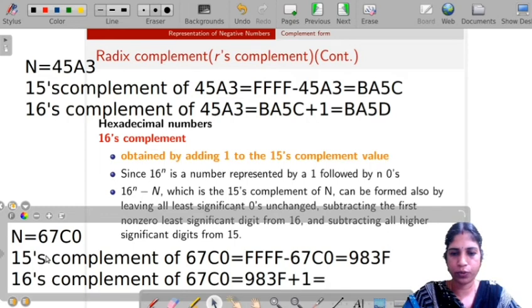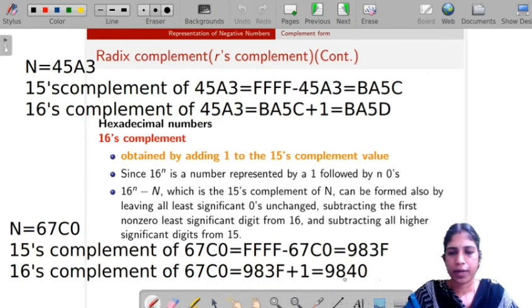F plus 1 is equal to 10, so the least significant digit becomes 0. 3 plus 1 is equal to 4. 8, 9. So 9840 is the 16's complement of 67C0. Here we simply add 1 to the 15's complement of the given number.